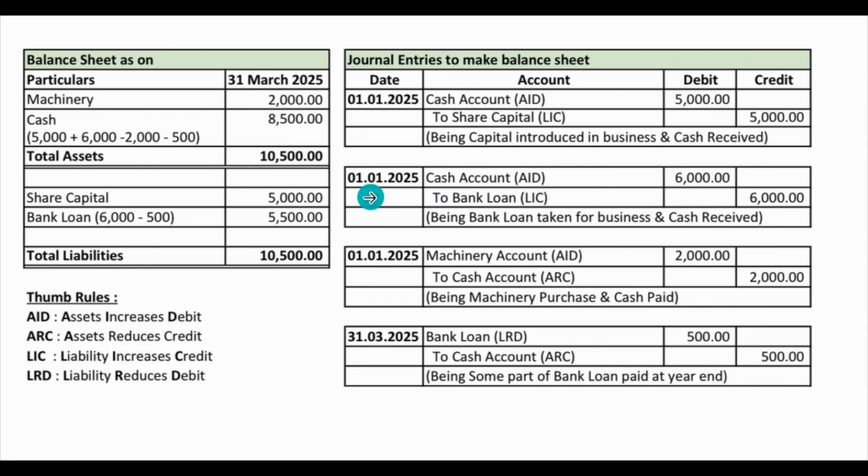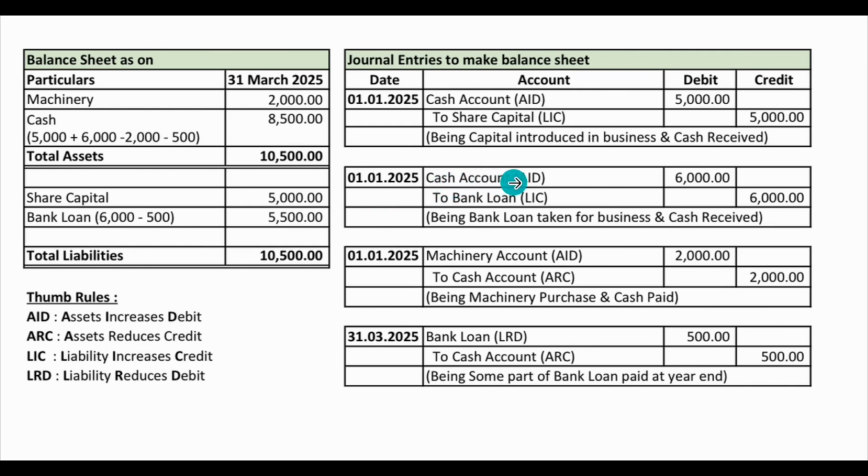Now let us assume on the same date, you have taken a loan from the bank, due to which the cash balance increases by 6,000, and the bank loan appears on the balance sheet liability side, and this amount is payable to the bank. So on the balance sheet liability side, you will write 6,000 here.